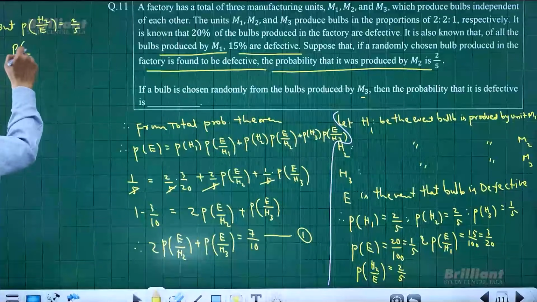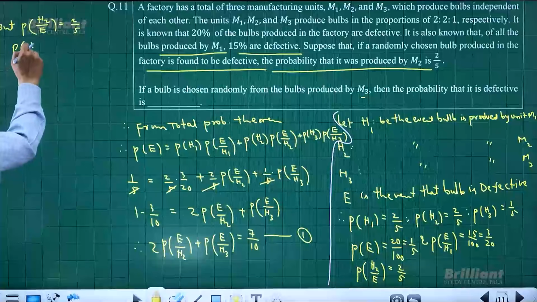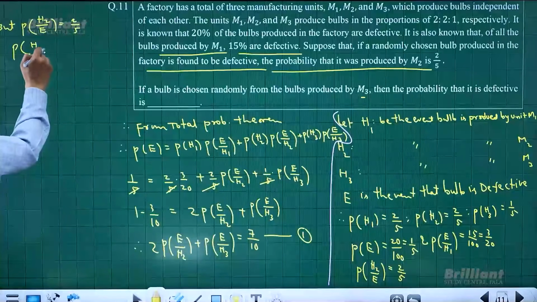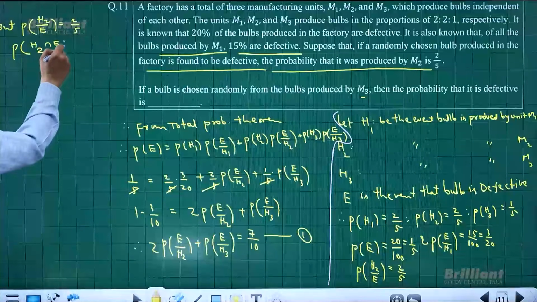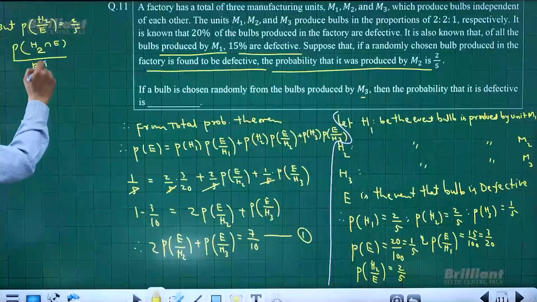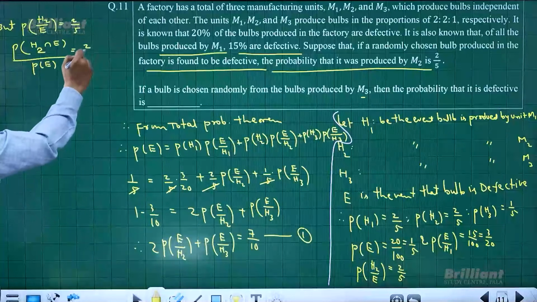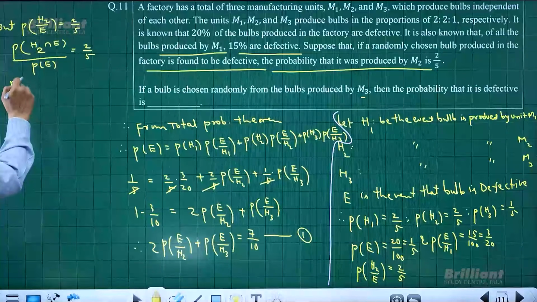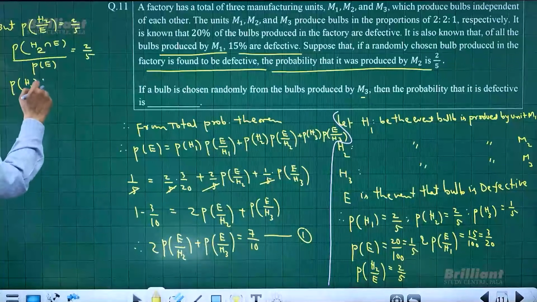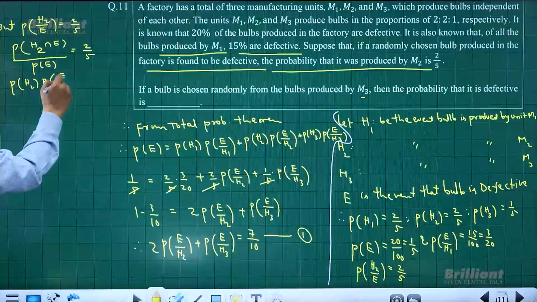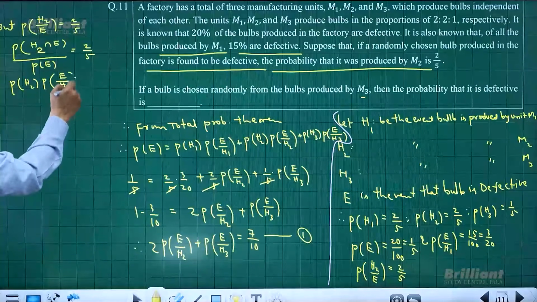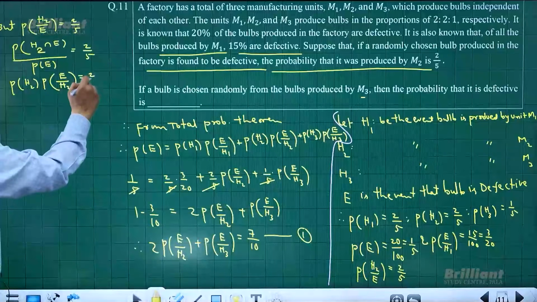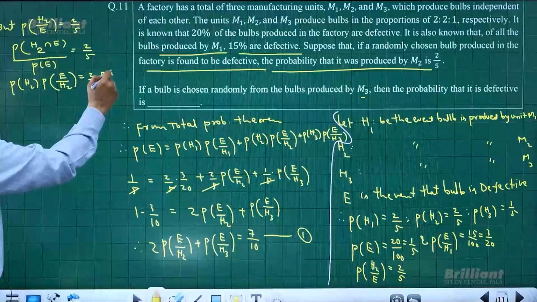By the definition of conditional probability, it is H2 intersection E by P of E. Then from the product theorem, P of H2 into P of E by H2 is equal to 2 by 5 into P of E.